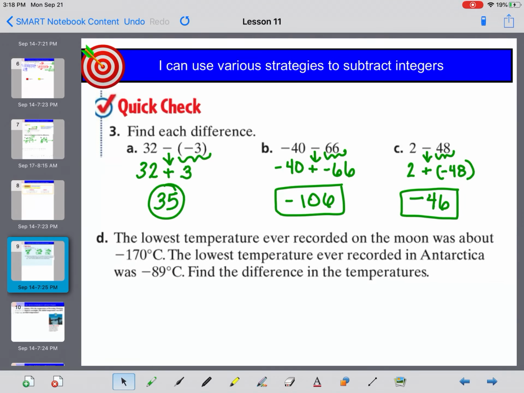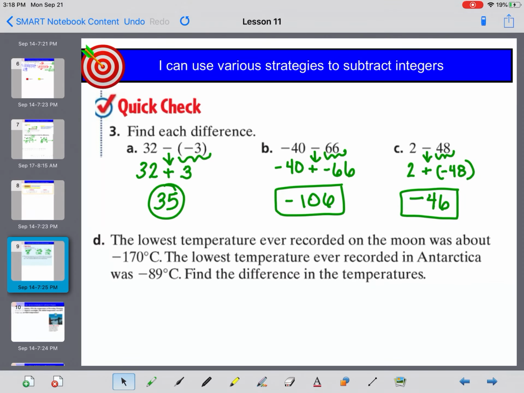Letter D. The lowest temperature ever recorded on the moon was about negative 170 degrees Celsius. The lowest temperature ever recorded in Antarctica was negative 89 degrees Celsius. Find the difference, that means subtract the two temperatures. So let's rewrite this.